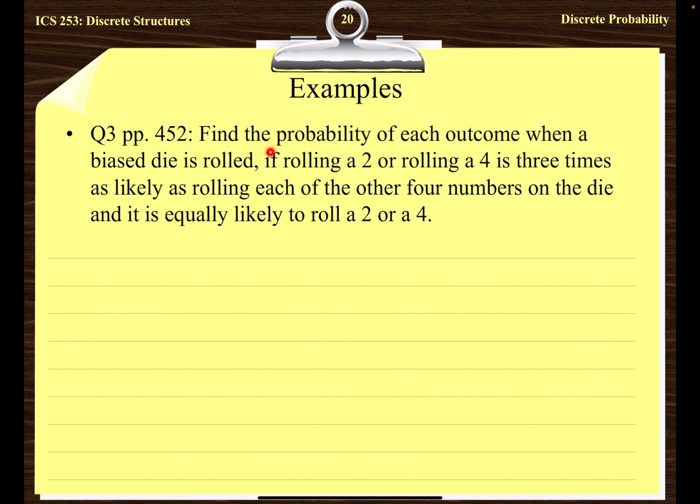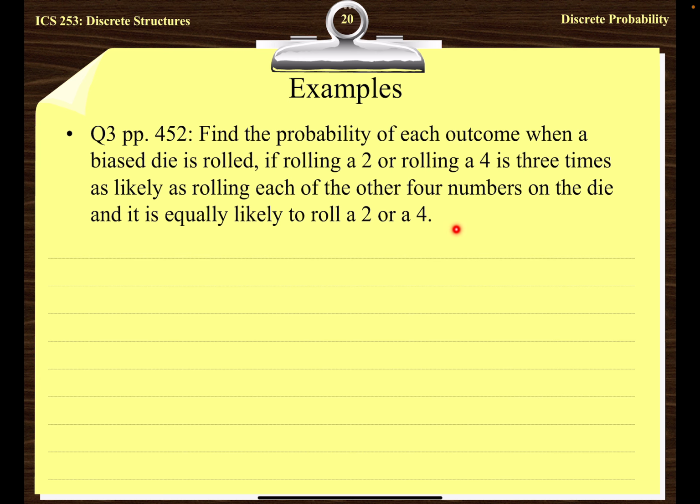Find the probability of each outcome when a biased die is rolled if rolling a 2 or rolling a 4 is 3 times as likely as rolling each of the other 4 numbers on the die, and it is equally likely to roll a 2 or a 4.